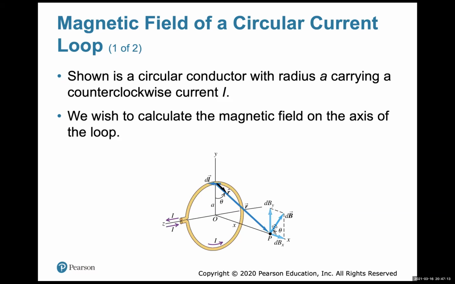So we point our fingers in the direction of the current at that spot, in this case on the y-axis, and then point our fingers so that they point in the position vector from that current element to the point on the symmetry axis. But our thumb now points up at an angle, oblique to both the x and y axes, which means we're going to have components.